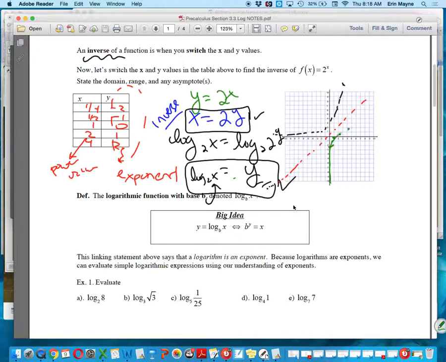But not only have my x and y reflected, what else reflected? The domain and range. So now the domain of this logarithm, this green graph right here, is now what? Careful. No, it's reflected. From what?